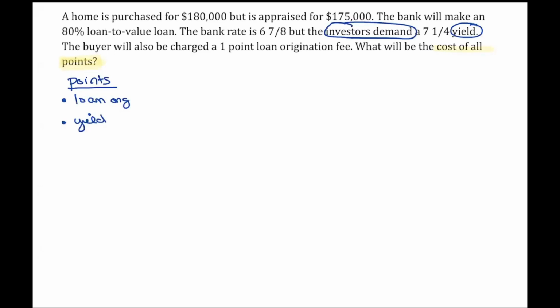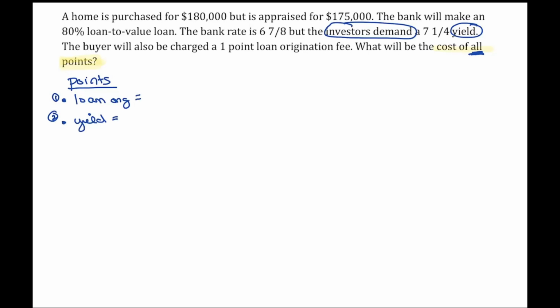However, as we plan what we're going to do in this problem, at the end of the day, we need to find the cost of all points. Everything. We're going to have points come from two places. One from the loan origination fee, and the second place we're getting them from is the yield. So according to this problem, how many points are you paying for loan origination fee?